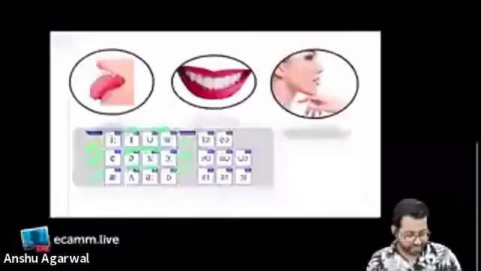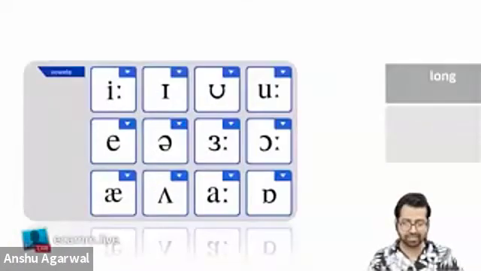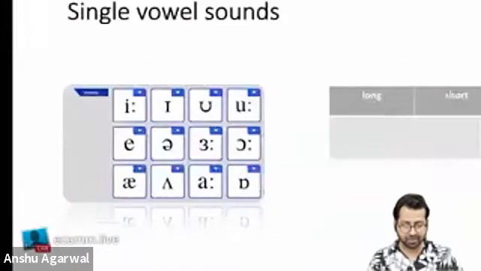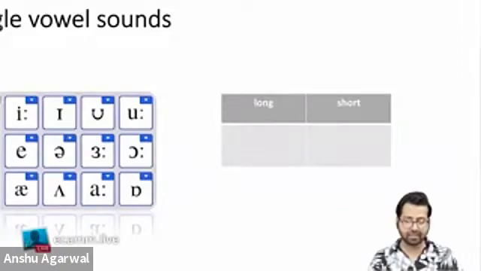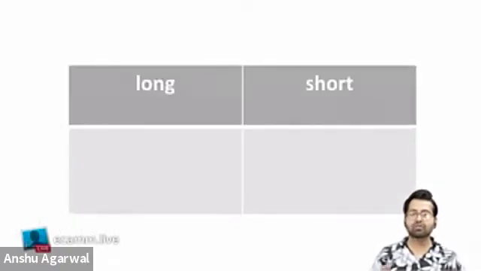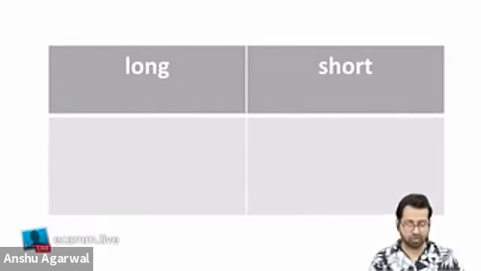Now see, guys, when you look at single vowel sounds, all of them, we just looked at examples, right? We can distinguish them by thinking of which one is a long sound and which one is a short sound, right? So I'm going to give a number to every sound here, okay? And I'm going to ask you which ones are long.